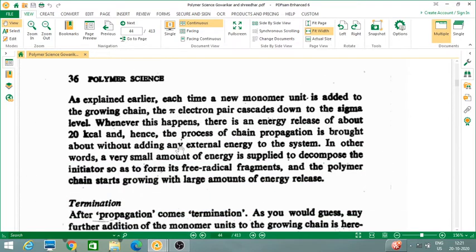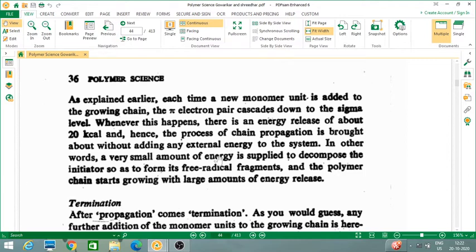As explained earlier, each time a new monomer unit is added to the growing chain, the pi electron pair cascades down to the sigma level. Whenever this happens, there is an energy release of about 20 kilocalories, and hence the process of chain propagation is brought about without adding any external energy to the system.